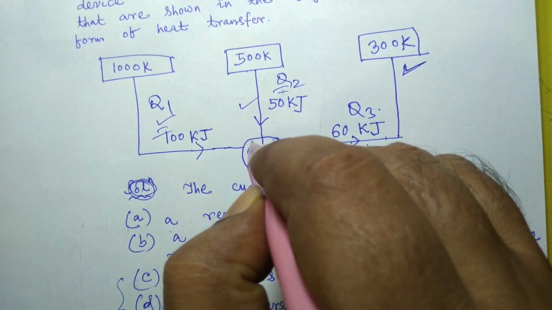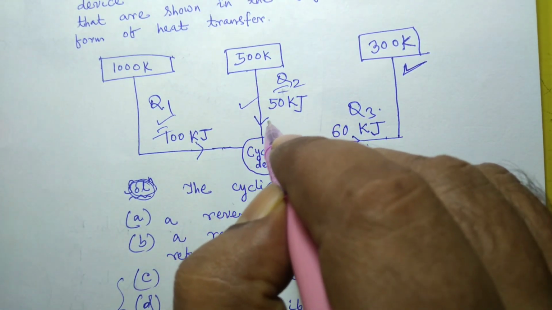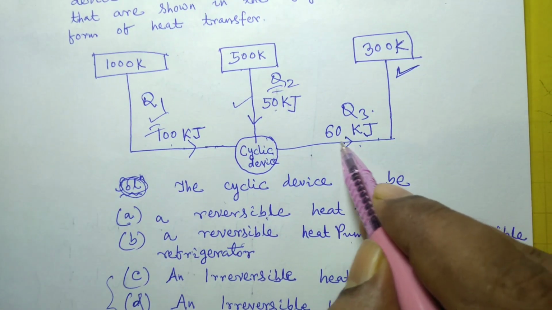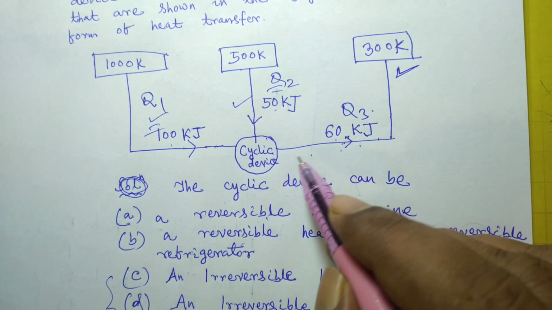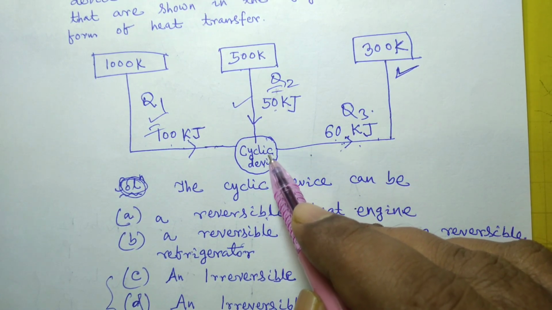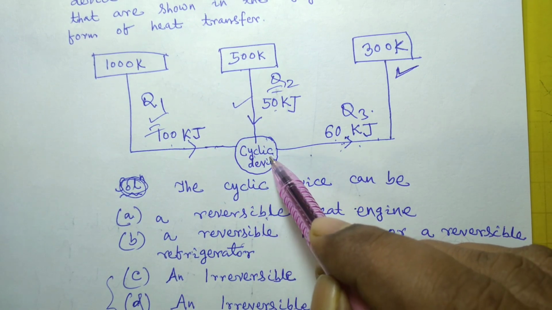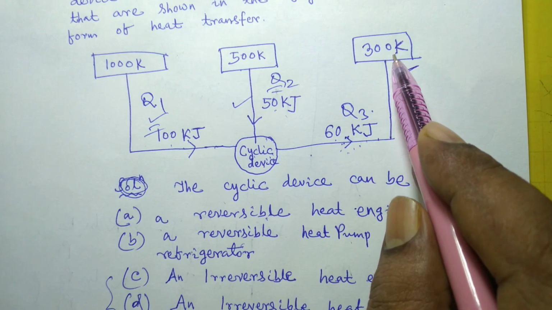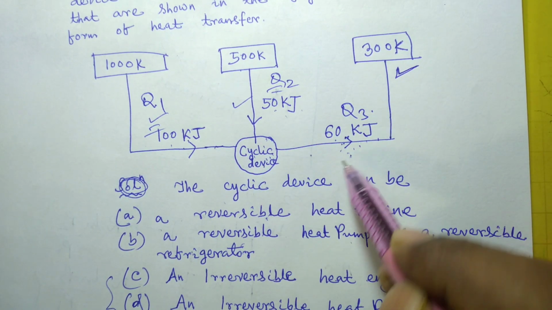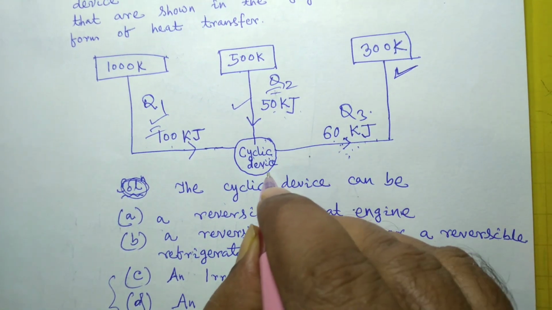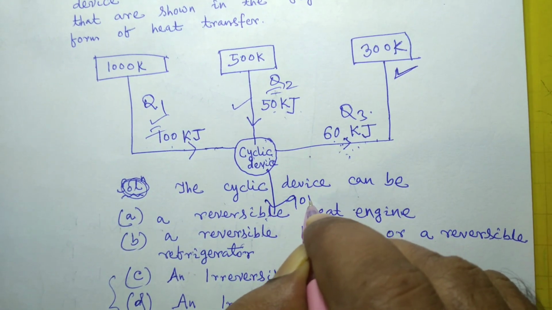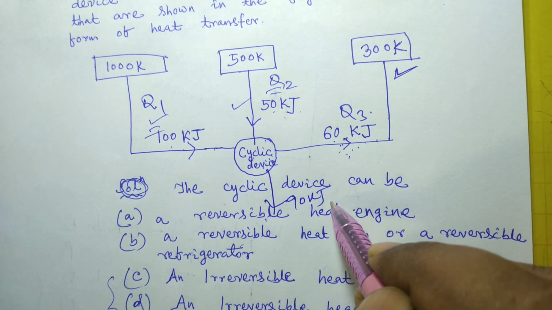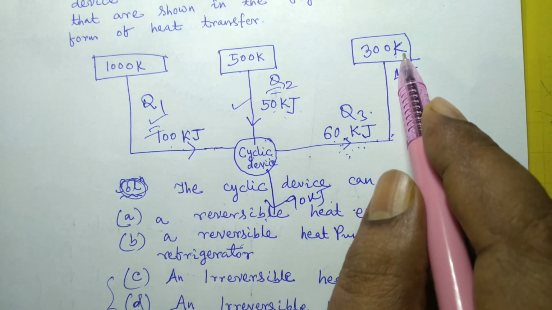The total heat coming to the cyclic device is 100 plus 50, 150, and heat rejected is 60 kilojoule. So what about the remaining energy? 150 minus 60, 90 kilojoule, is the work produced by this cyclic device. So out of the heat supplied to the cyclic device, some work is produced and some heat is rejected to a low temperature reservoir.